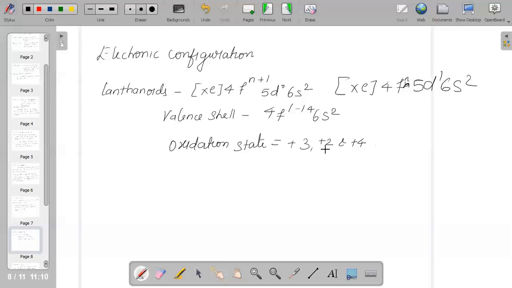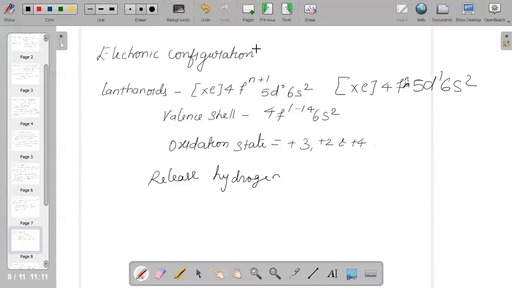And the reaction of lanthanides with dilute acids has the tendency of releasing hydrogen. And of course, they will form basic alkaline earth metal oxides and hydroxides. Lanthanides have the tendency of forming oxides and hydroxides.